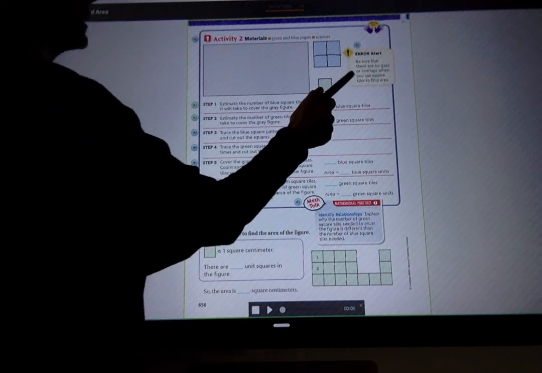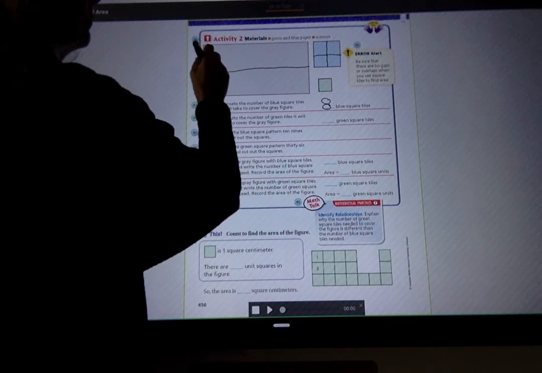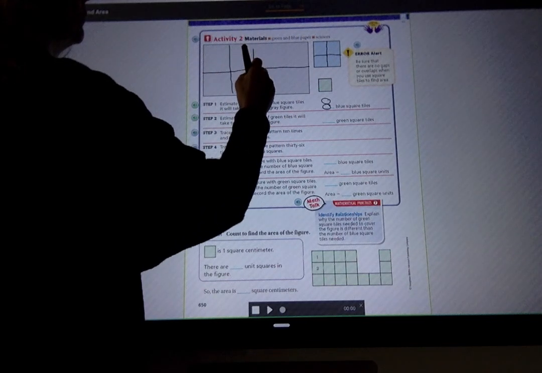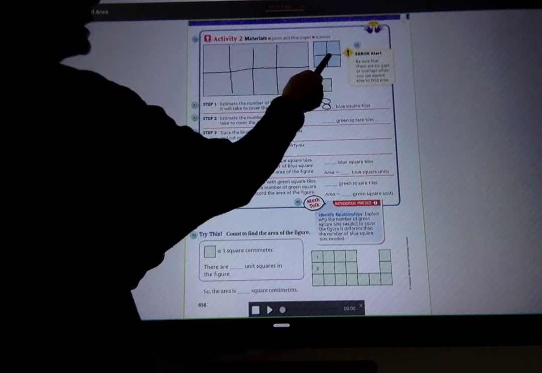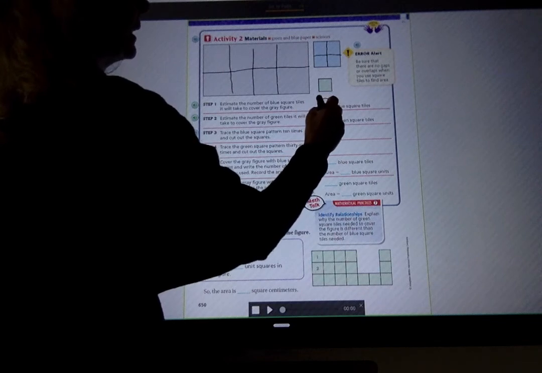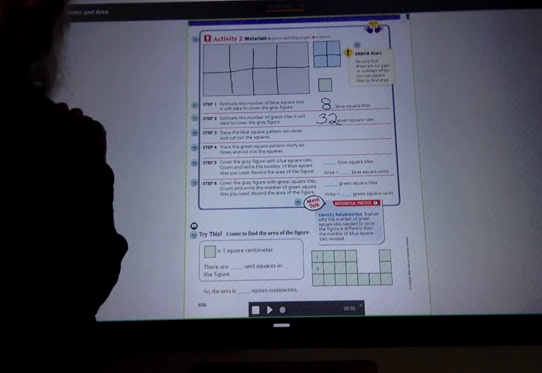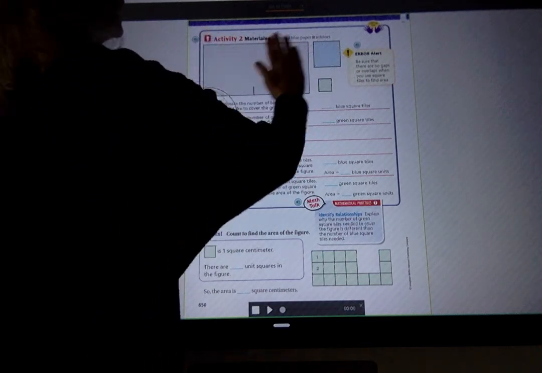So if I thought there were 8 blue tiles that would fit in here, and there are 4 green in each blue, 4 times 8 is 32. That's what I think. Let's take a look.